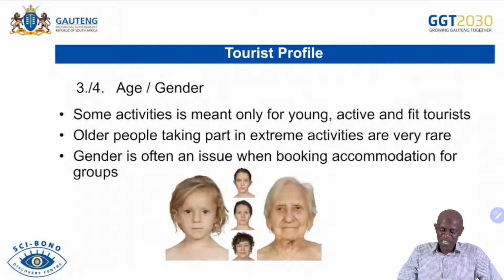Gender is often an issue when booking accommodation for groups. So that's where the aspect of gender and age comes in. You cannot have elderly people allocated activities for young tourists.